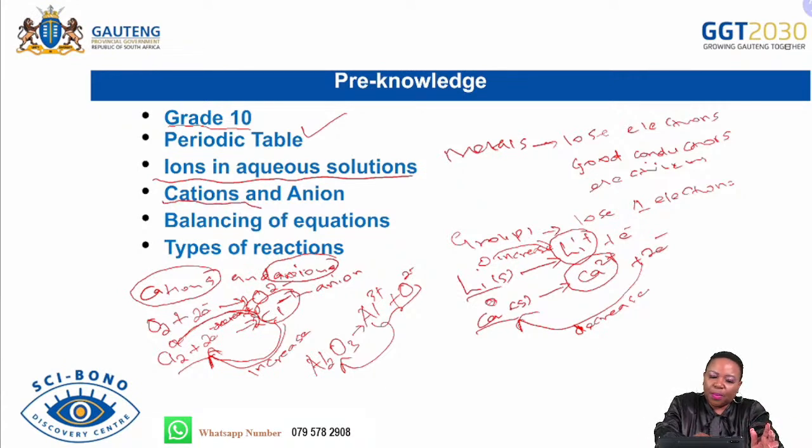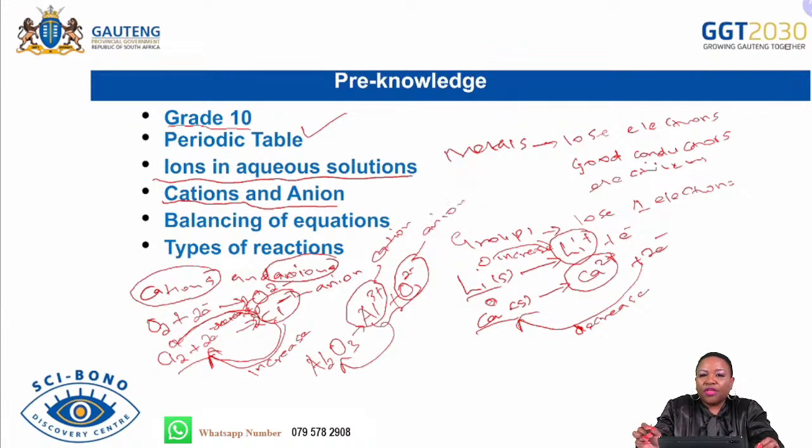I already talked about cations and anions, and I already showed you this compound, aluminum oxide, whereby we know that this one is going to be our cation and this one is going to be our anion. Therefore, it is very important also to remember what you have done previously in grade 10 in terms of identifying ions in a compound, so that you know which positive ions are formed.